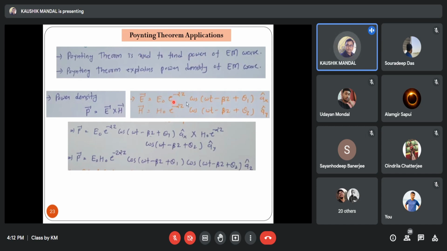Simply the cross product of these two. E0 e to the power minus alpha z cos of, one minute. This is the term for E. This is the term for H.